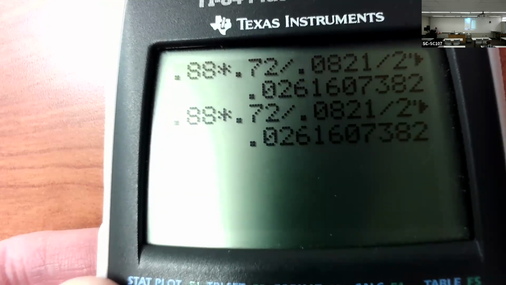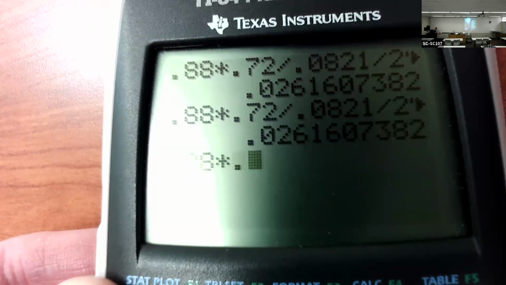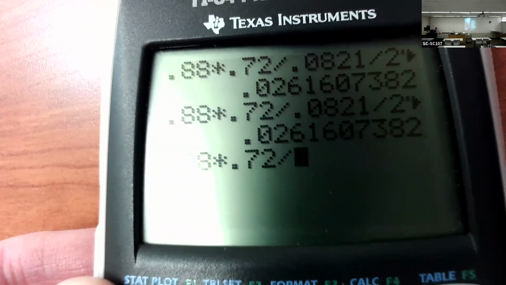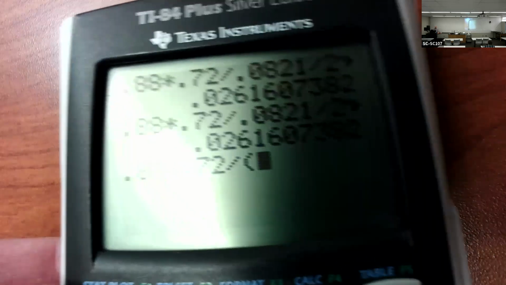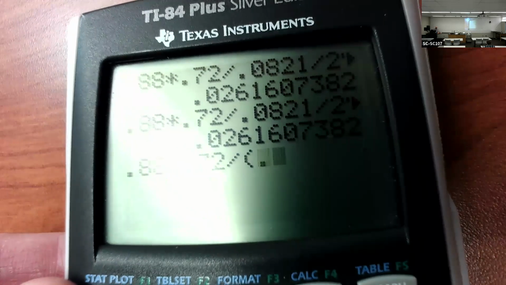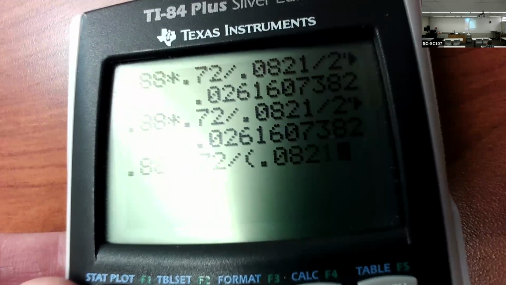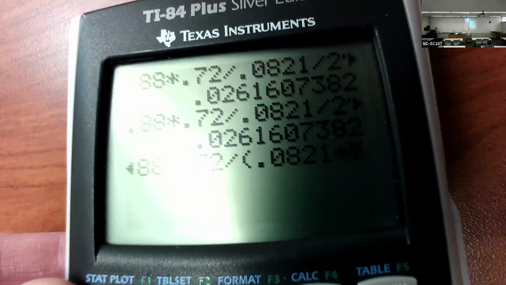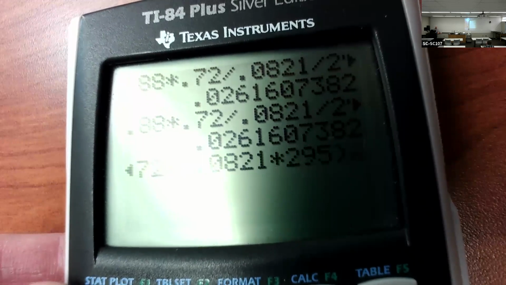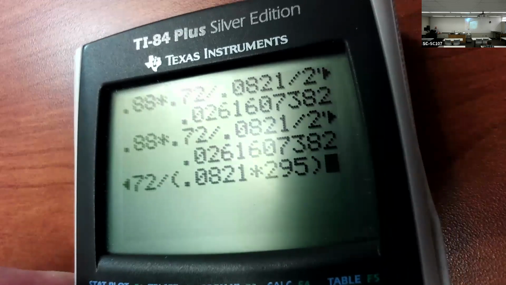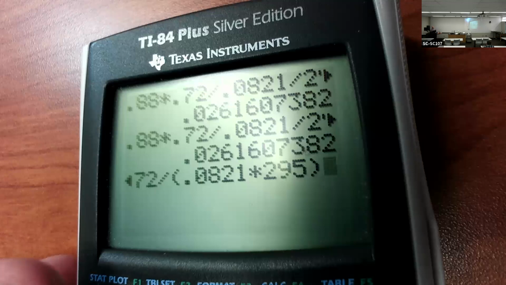The other approach is to do 0.88 times 0.72 divided by and use parentheses. If I use parentheses, then the calculator understands you're dividing by both numbers, 0.0821 and 295. You got to use parentheses though, if you're going to do that. So you either divide by both numbers or you divide by the whole parentheses.